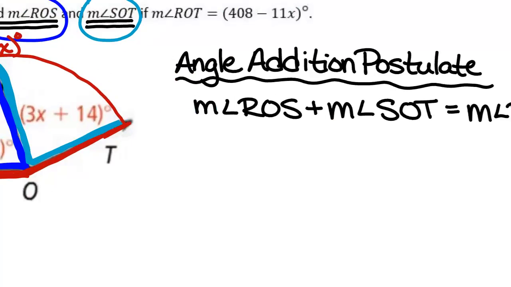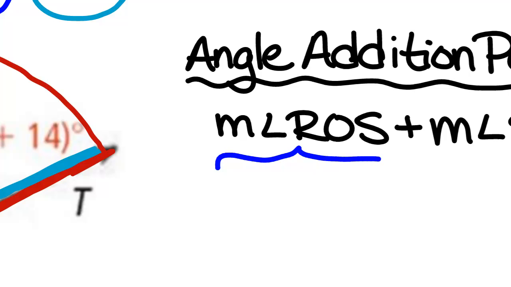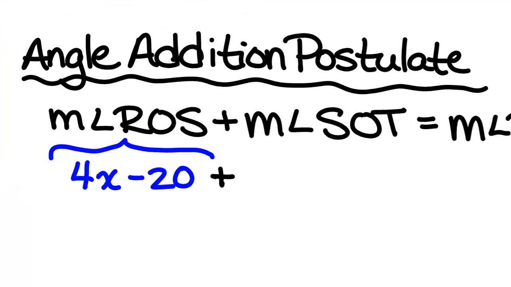And then I can put something in the place of the measurement of angle ROS. What can I put in its place? 4x minus 20. What are we using when we do that? Substitution. Bring down my plus sign. We're going to substitute again.